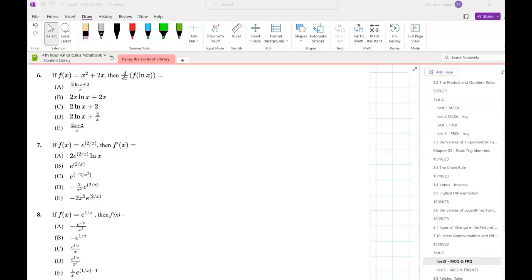On this one, by rewriting 1 over x as x to the negative 1, or 2 over x as 2x to the negative 1, we remove having to do a quotient rule, which anytime I can remove that nightmare, I'm a happy camper, because that's the worst one, right? It's the longest rule, it's the most writing, it's the one that is easiest to screw up because you have the subtraction in there. If you do it in the wrong order, you're busted, right? So if I have the option, let me get rid of that right away.